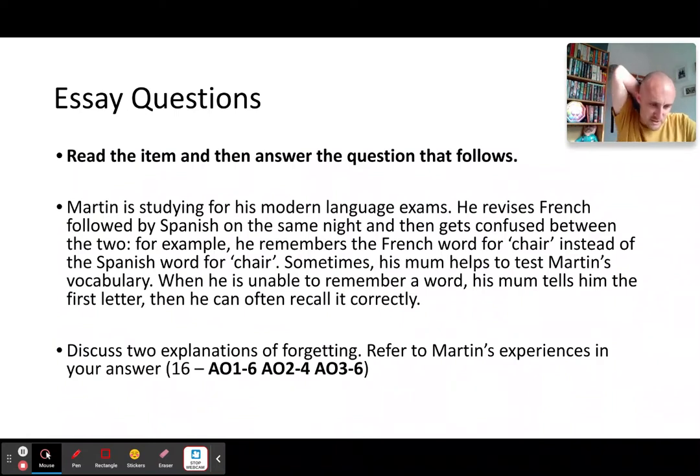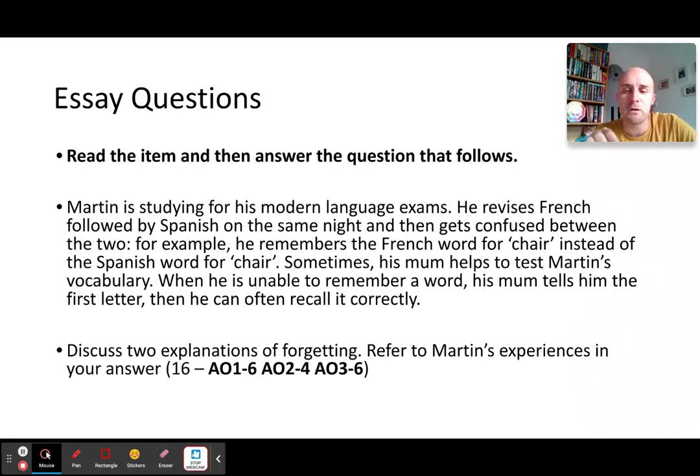It's worth paying attention to this question just here because this came up. I think this might have been a spec paper, I don't know, or a real paper. Martin is studying his modern languages exams. He revises French followed by Spanish on the same night and then gets confused between the two. That's clearly interference. French and Spanish are similar European languages, so there's going to be a lot of interference between them.